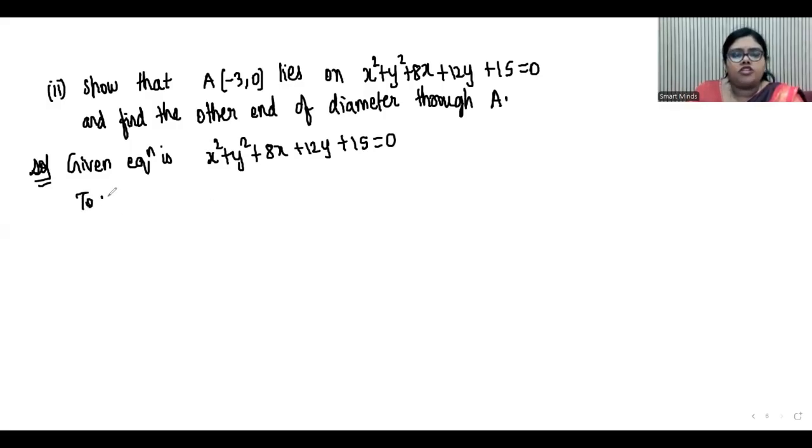Now we need to check if A(-3, 0) lies on the circle or not. For this we need to substitute the point in the circle equation.